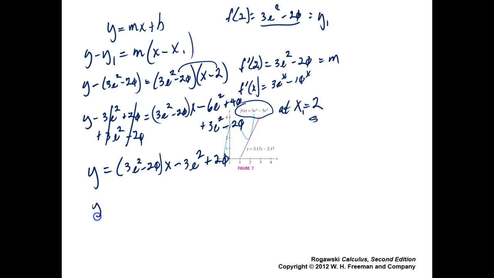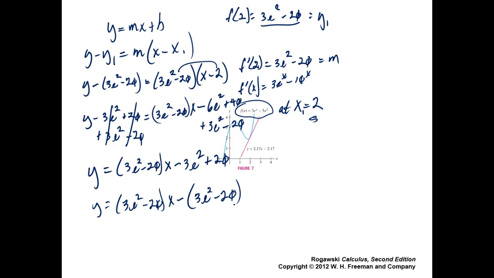Here's what they really did. Y is equal to 3e squared minus 20 times x minus 3e squared minus 20. If you put it in parentheses, it's that. And guess what? That's the same number. Don't even think that that's always going to be the case. It isn't. This is just a rare instance that it is.